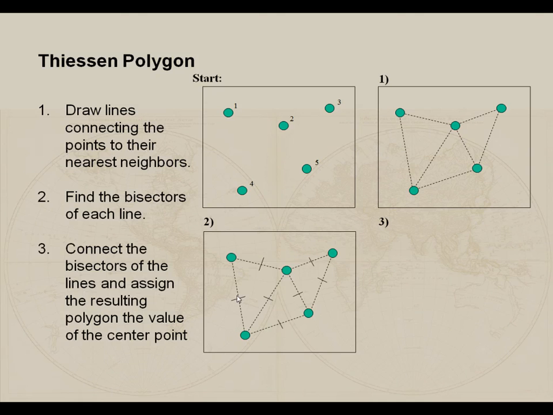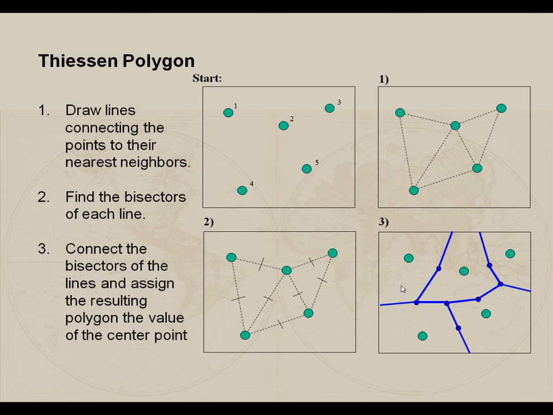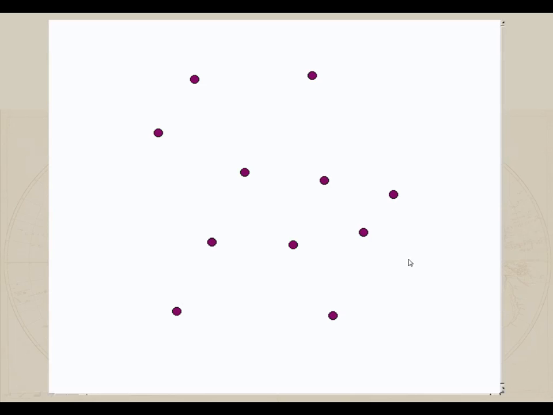Then you find the centers of those connecting lines, erase the connecting lines, and use those center points to create bisectors that divide the area. So that this being the sample point, everything around it, until I get close to the nearby point, gets the value of that center point. So it's a nearest neighbor.